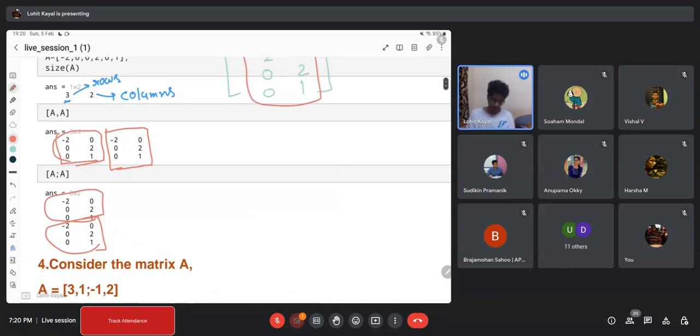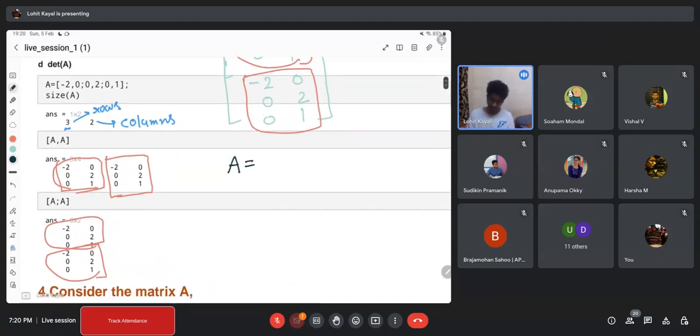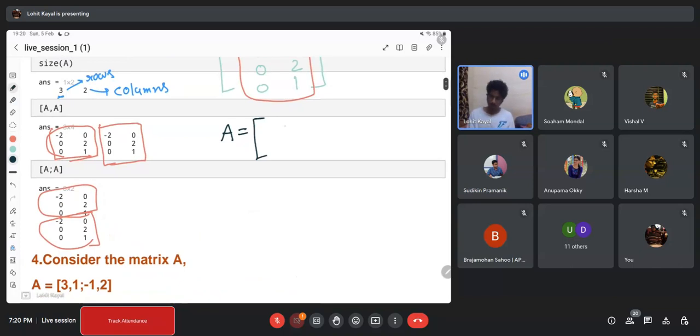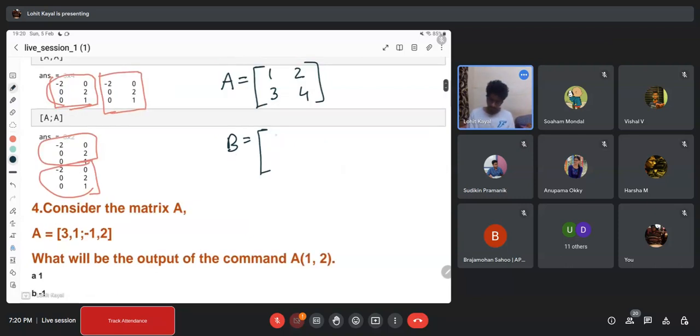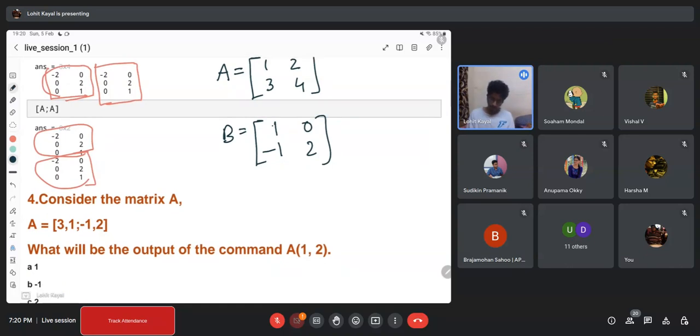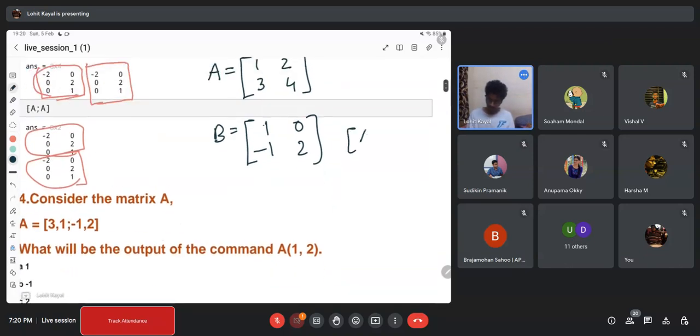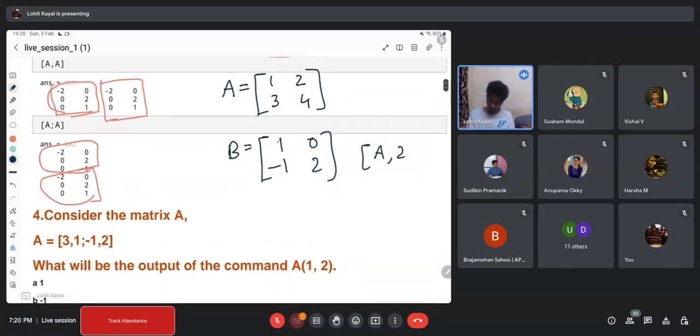Now you can do some exercise of your own. Just think it and tell me. Suppose you have a matrix A equal to 1 2 3 4, and a matrix B equal to 1 0 minus 1 2. You can tell me what will be A comma 2B and A colon B. The same thing will happen here.